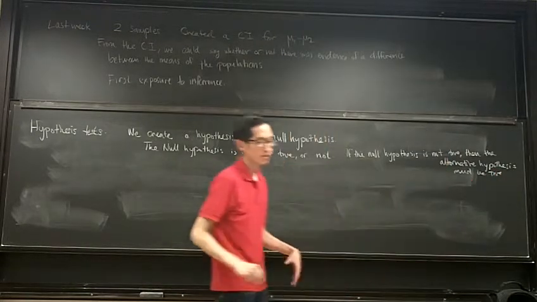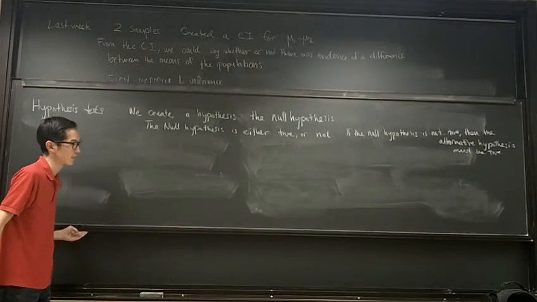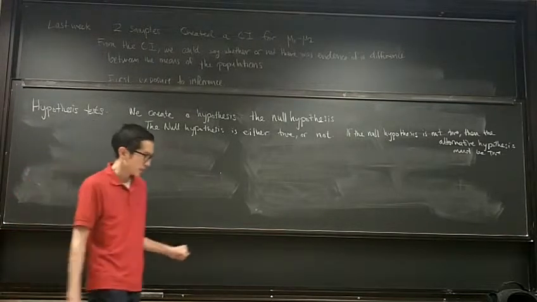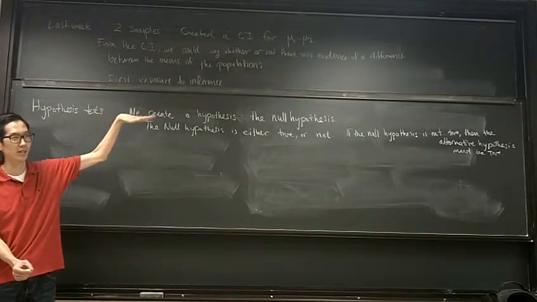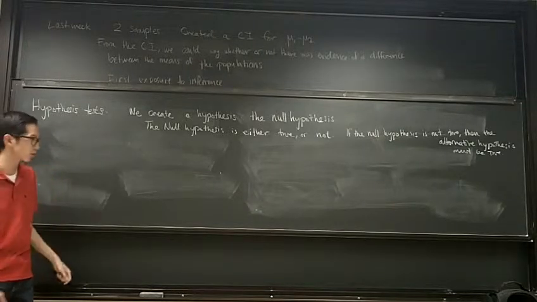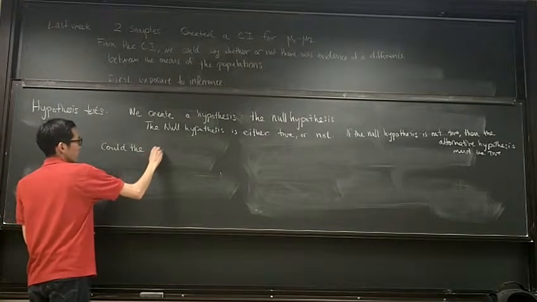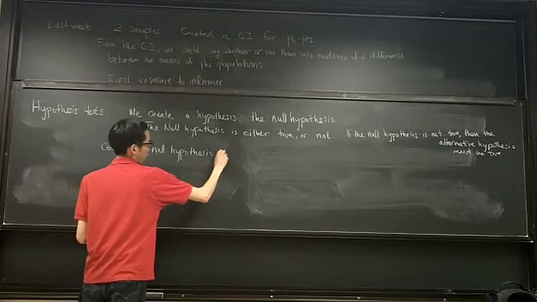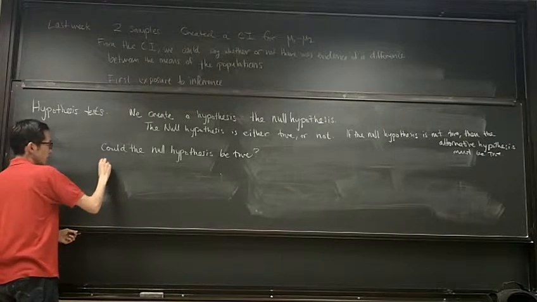Okay, so we call this a hypothesis test because we're testing to see whether or not the null hypothesis could be true. Could the null hypothesis be true? Okay, so to test it, we look at data.